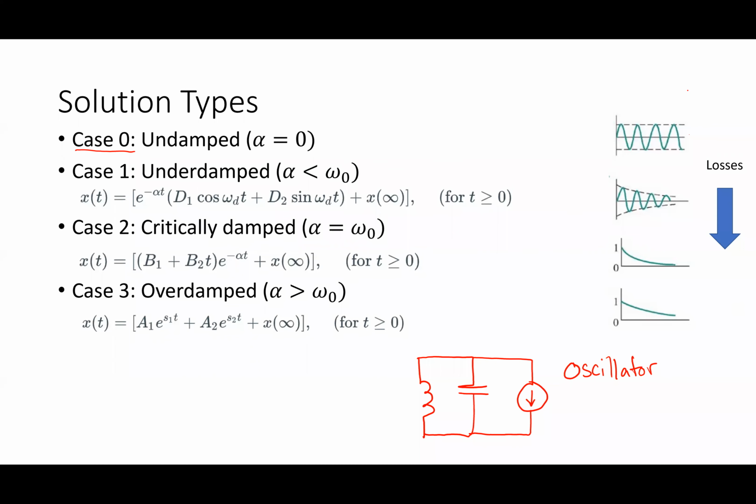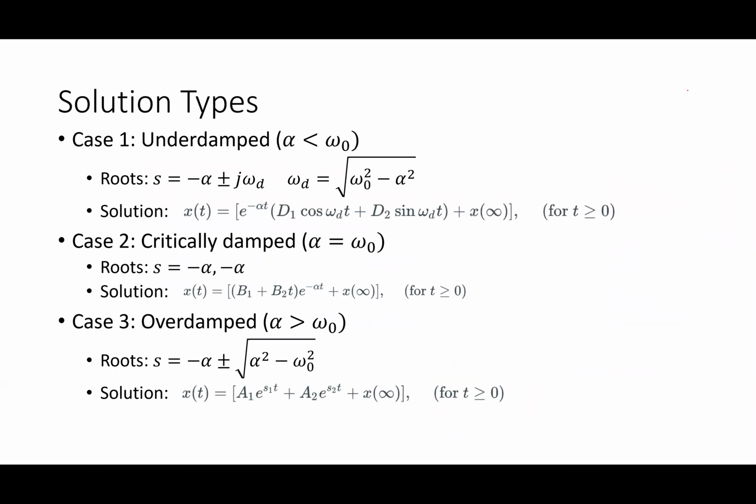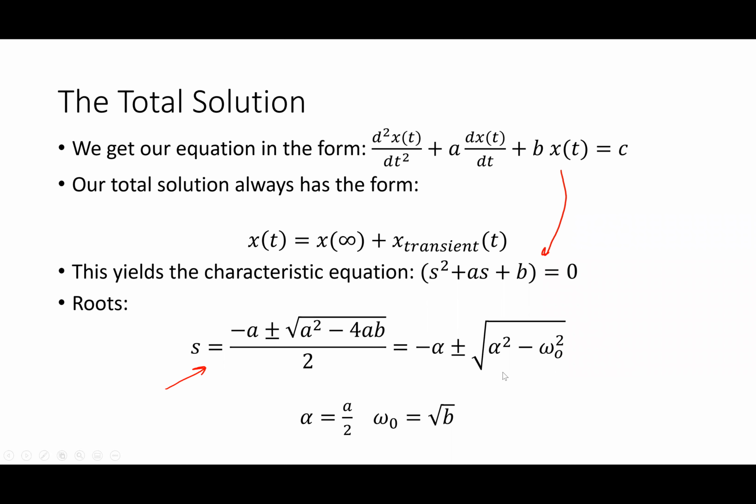Okay. So last time what we did was we said, how do we know which one is which? Well, we go to the characteristic equation and look at the alpha and omega values. From the alpha and omega values, we determine the form of the solution. Everything comes down to this term right here, the term under the radical.